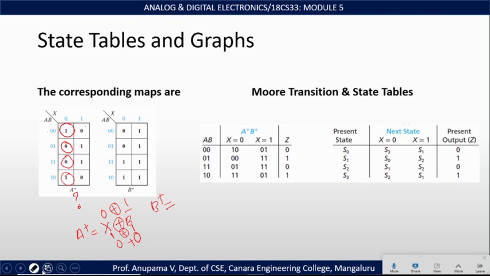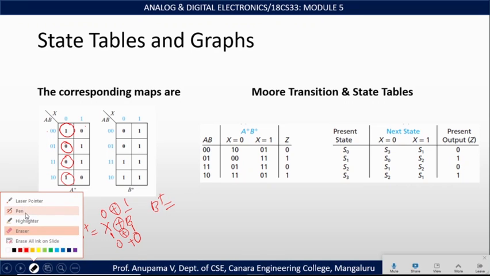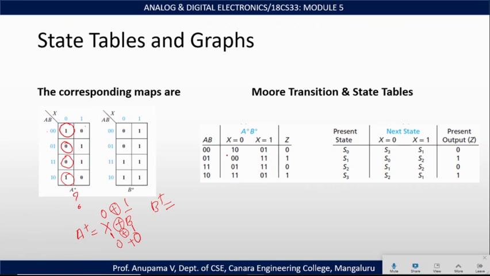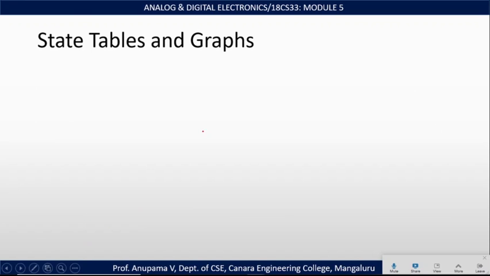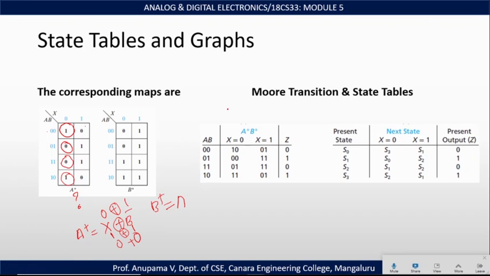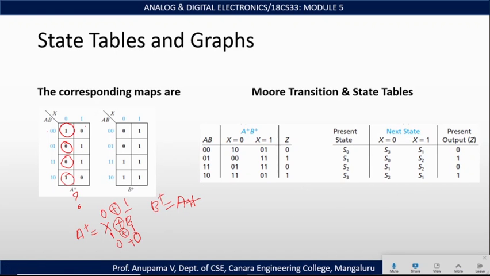So we are going to apply this equation for all the possibilities: AB x can be 0 0 0, 0 0 1, 0 1 0, etc.